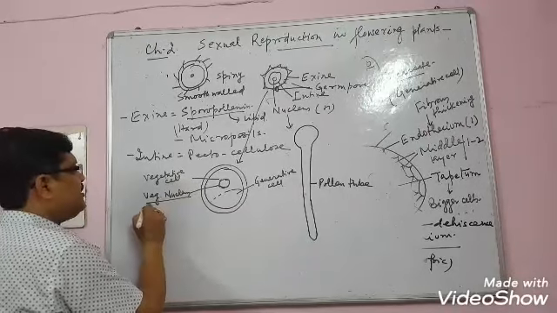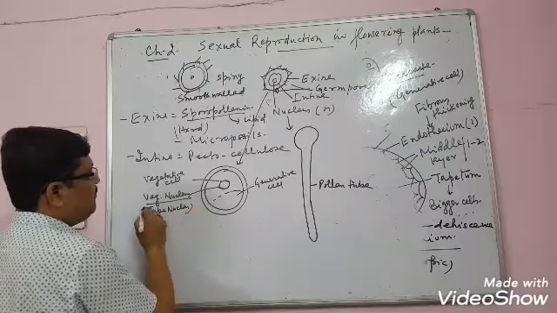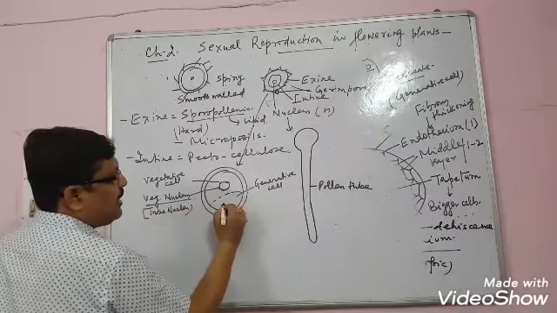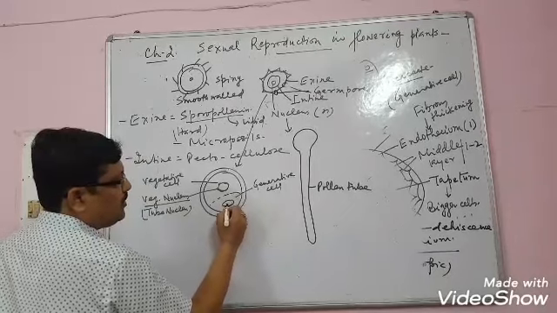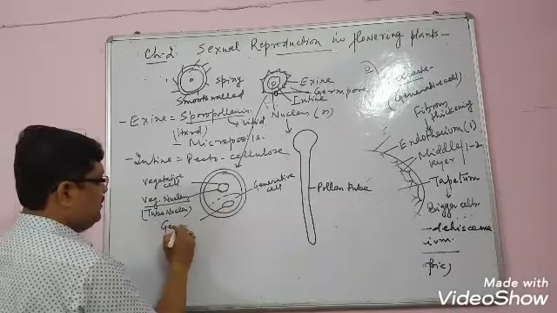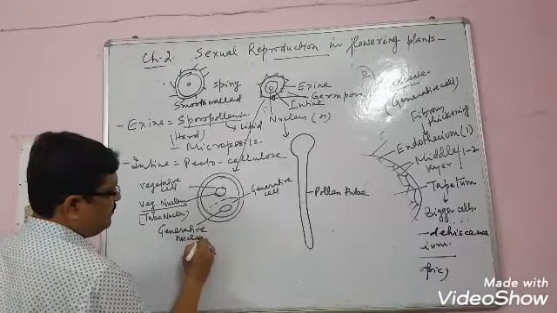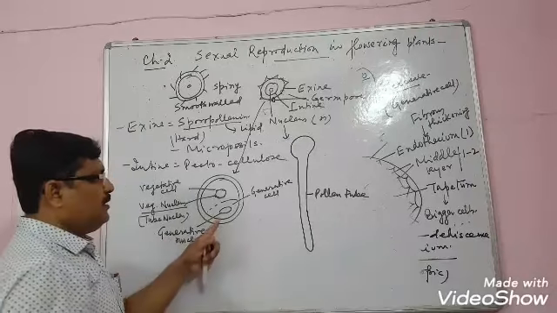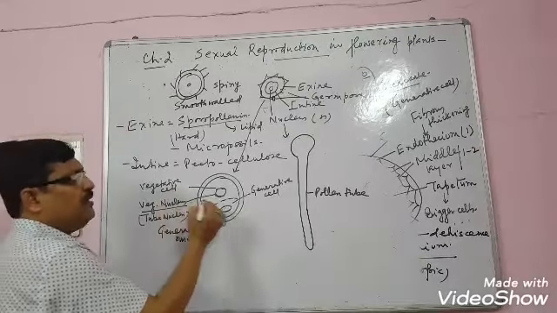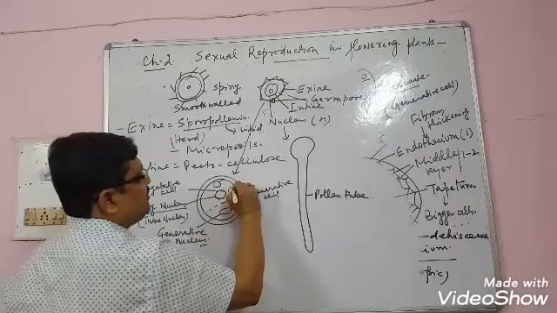It is also called as tube nucleus, and this generative cell has also a half moon shaped generative nucleus. In the vegetative cell, vacuoles are also present.